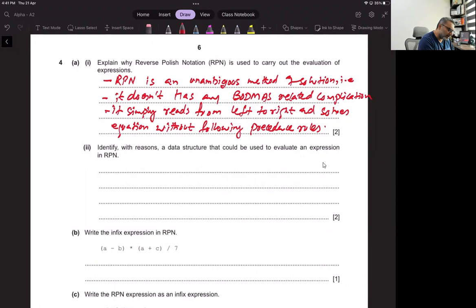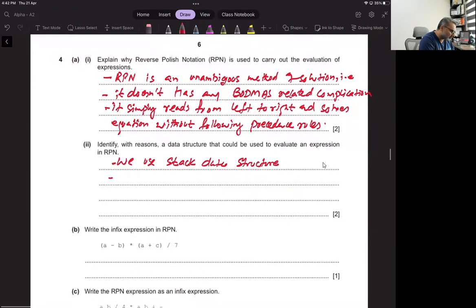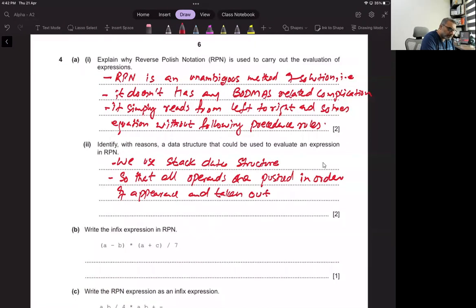We use a stack data structure so that all operands are pushed in order of appearance and popped when an operator occurs.